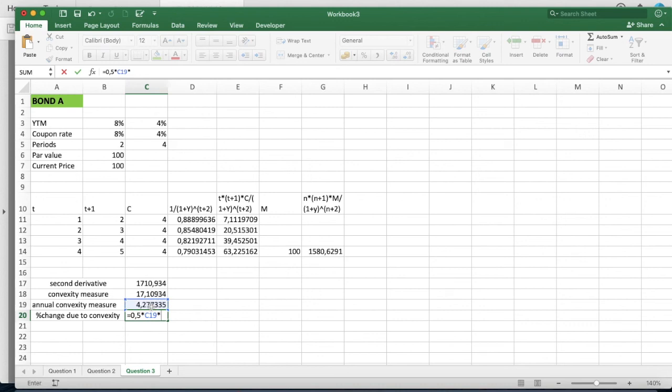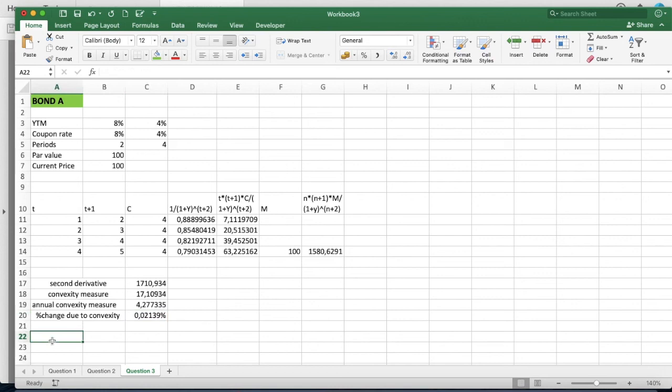The yield change is equal to 1%. So the square of 1%. You can transform it into a percentage. So it is equal to 0.02139%. So this is the percentage of change due to convexity.